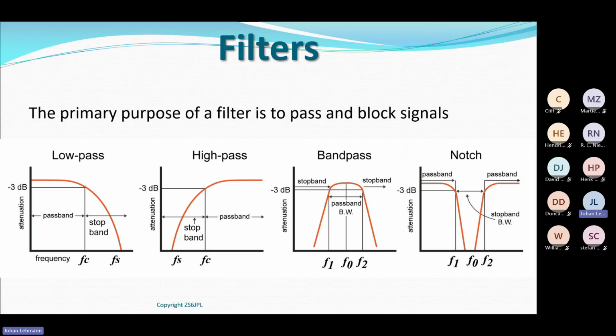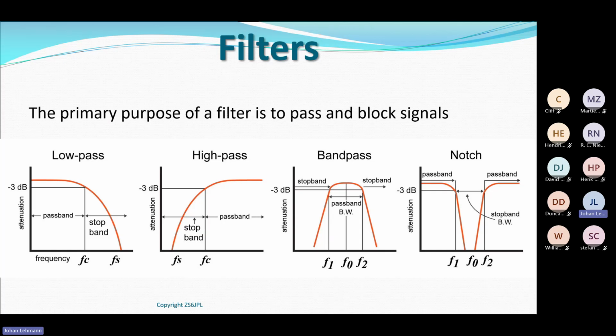So, the primary purpose of the filter is to pass something or block something. That's what it does. And in terms of amateur radio, we're going to look at these 4 types of filters this evening. The first one is called a low-pass filter. So exactly what it tells you. Any frequencies below a certain selected or design frequency, in this case on the graph it says FC.